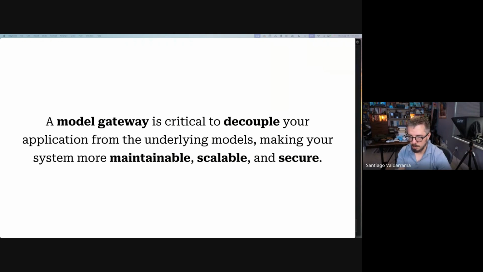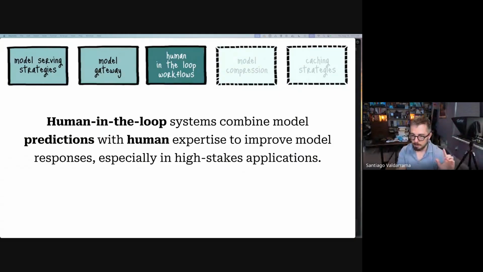Okay, so let's talk then about one of my favorite areas. And Ross, as soon as you figure that out, I'll answer your question. One of my favorite areas when deploying models is doing it together with humans.